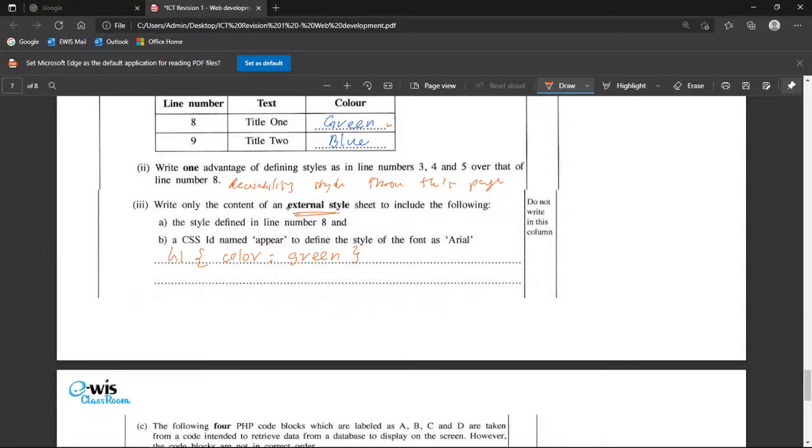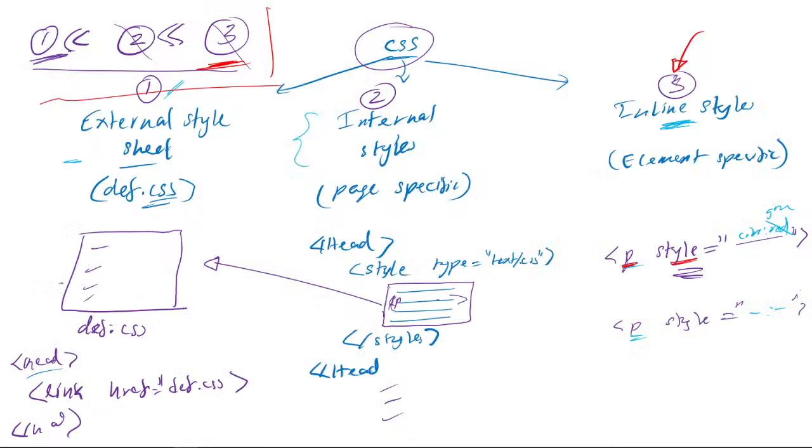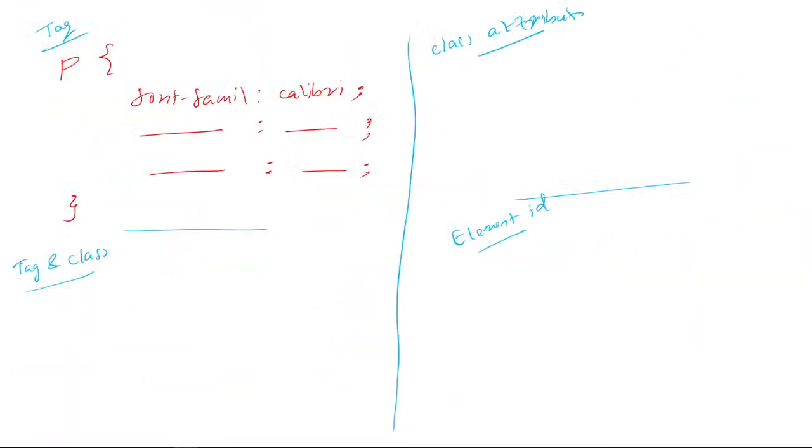And B, a CSS ID named appear to define the style of the font as Arial. Now that's something new, right? So here I said that we can define styles in different ways. We can directly mention the tag and the style of that tag, right? Or else we can define the styles using the class attribute of that tag.